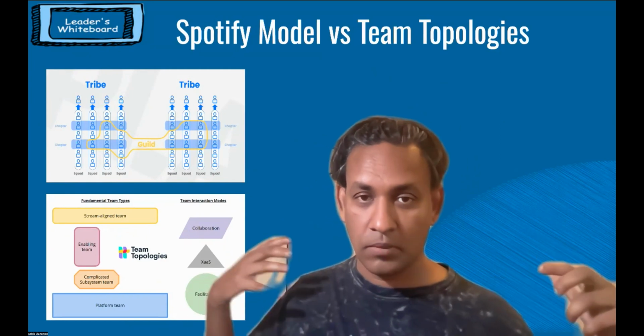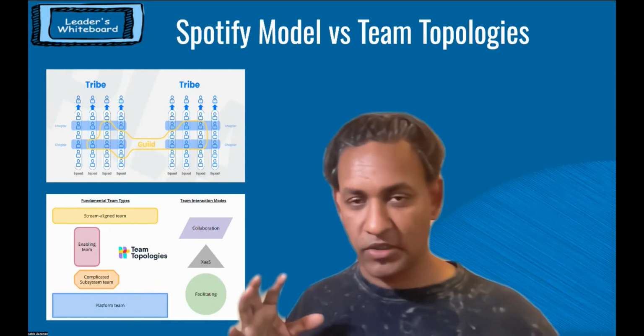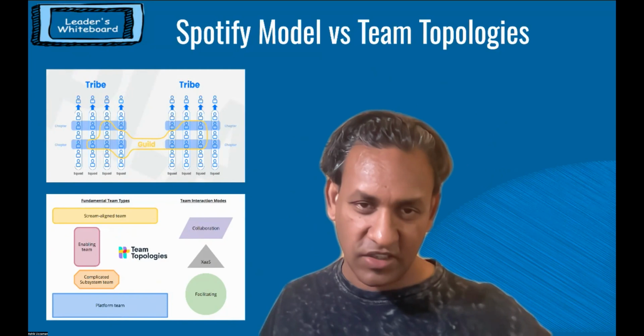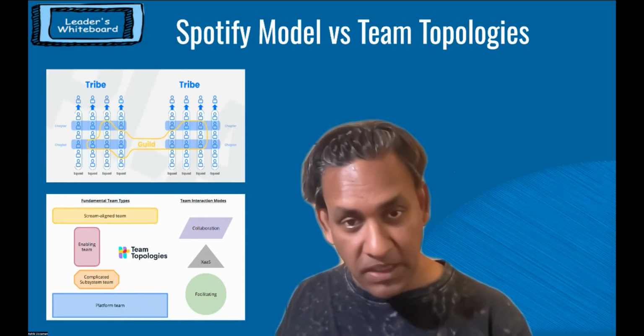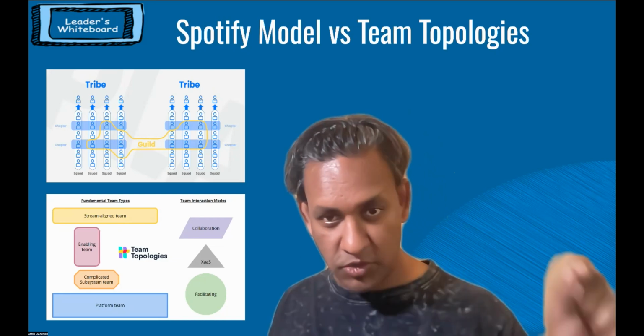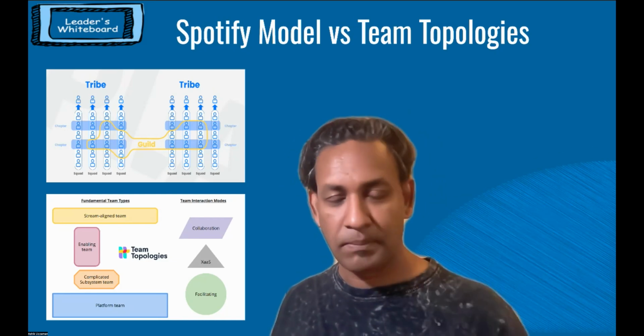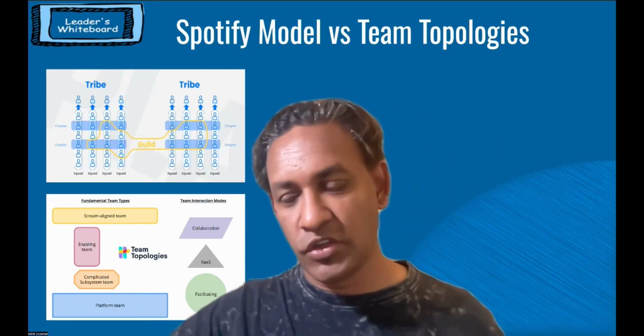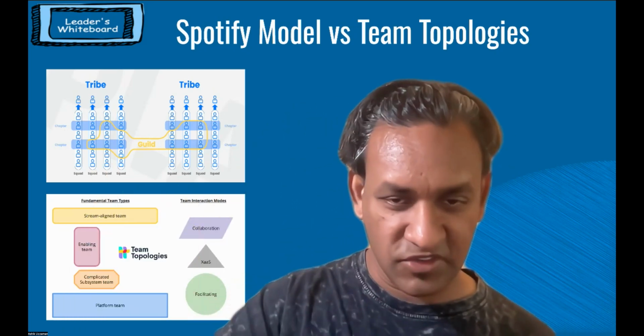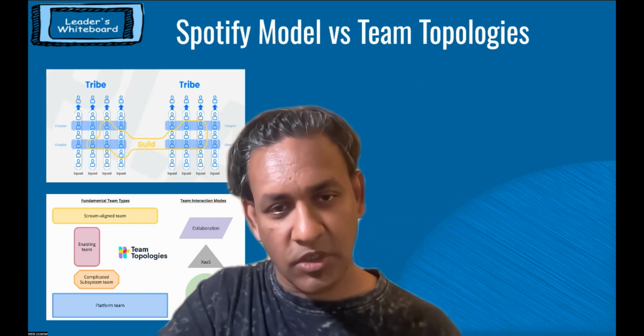SAFe is a more mature and elaborate way of doing it, because it's not only a Scrum of Scrums, it takes care of many other things, including, let's say, the release train or the TPM kind of responsibility, project management, program management, and so on. So it has a lot of recommendations on how to use different agile teams to deliver at a business level. So SAFe is one model.